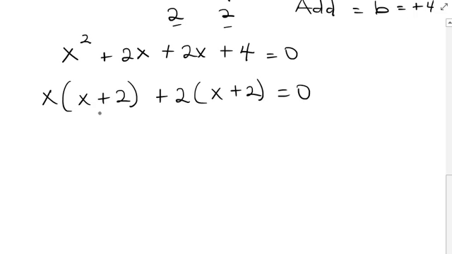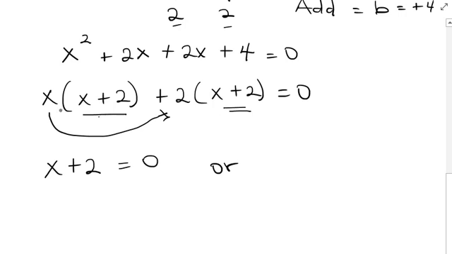So we need to select one of these, and then join this and this together as another solution. Because there is a replica here, x plus 2 here and x plus 2 here, I need to select one of them. So I pick x plus 2 and equate it to 0.